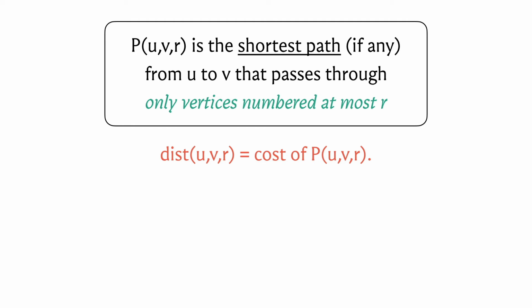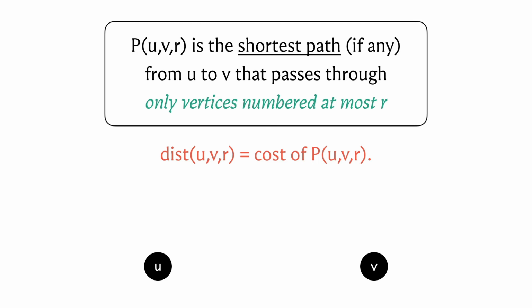Now let's think about what should happen in a more general setting. So here are the vertices u and v, and we are trying to figure out the value for distance uvr. Now, just like we do in an inductive proof, we are going to assume that we already have figured out the values of distance uvr prime for r prime strictly less than r. We can assume that this is true because, in general, we have figured it out for r is equal to 0, and we are going to build our way upwards step by step.